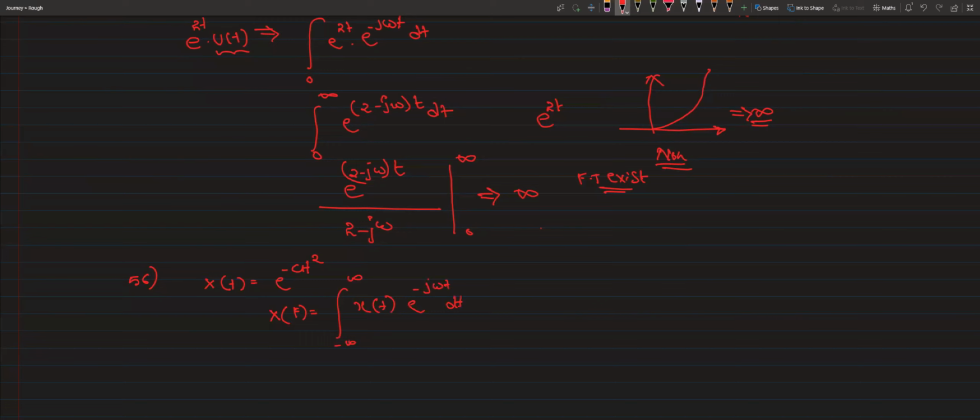Is it a t square? Yeah, correct, a t square. Okay, this t square part, I have to check how to resolve.